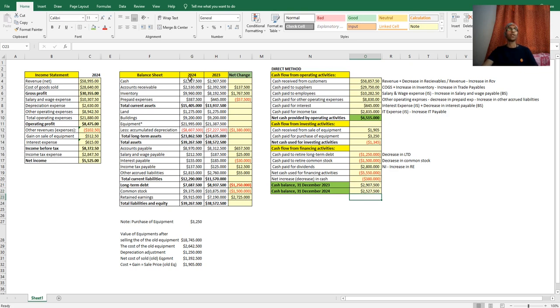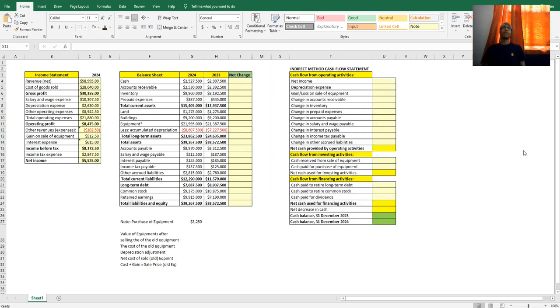This is 2527. So this is exactly matching with 2527, 2907. So we have successfully converted the terms given in the income statement and the balance sheet into a direct method cash flow statement.